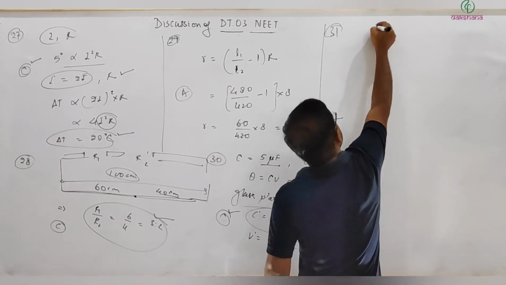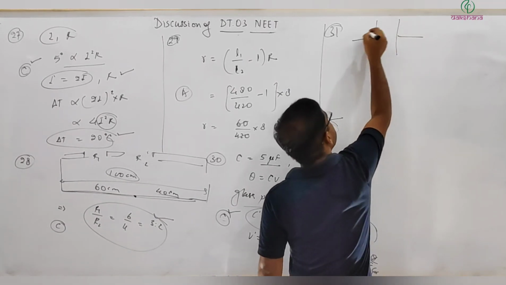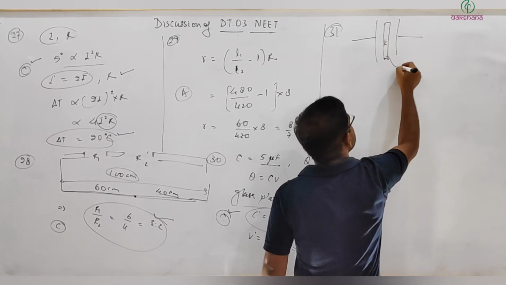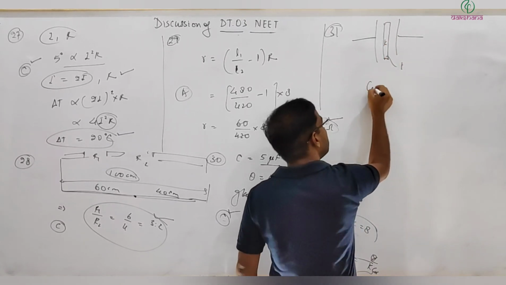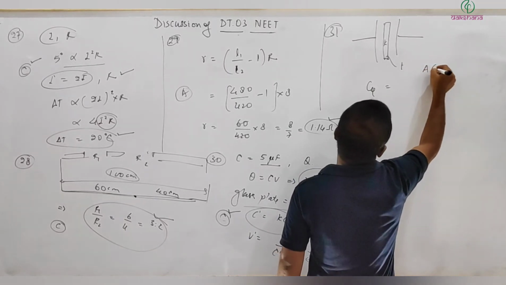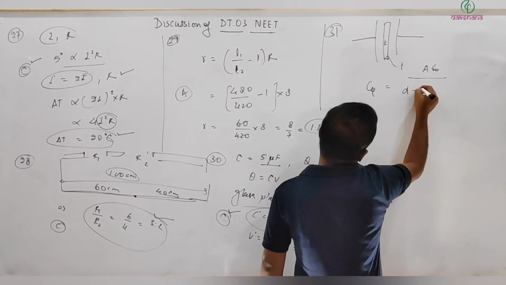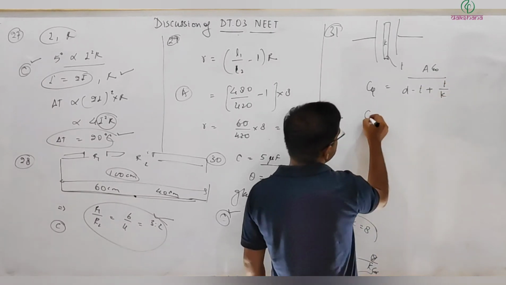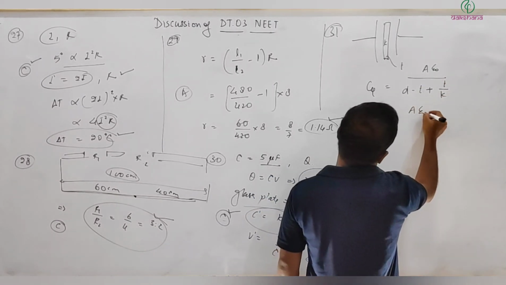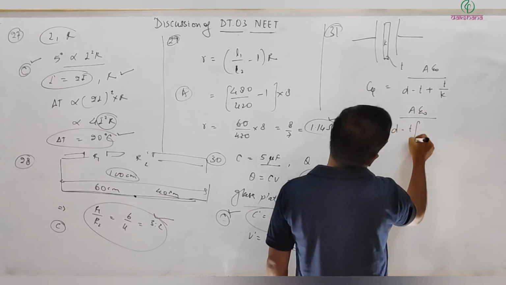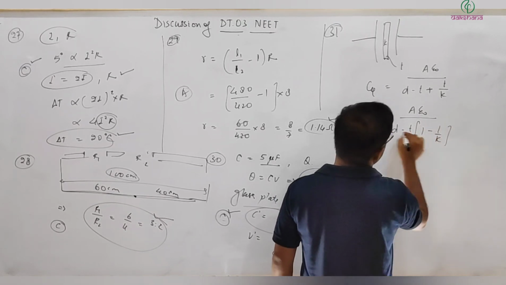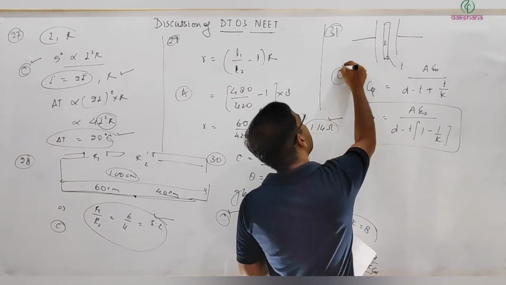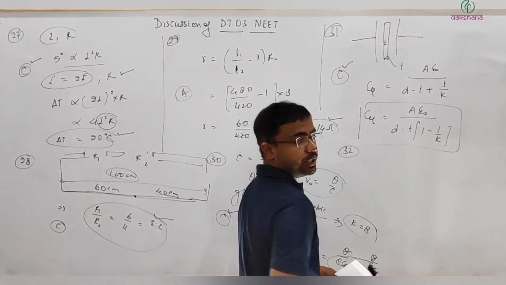So when a dielectric is inserted between the plates of the capacitor, with constant K and thickness T, then C equivalent is given by A epsilon naught divided by D minus T plus T by K. Simplifying it, C equivalent is A epsilon naught by D, times 1 over 1 minus T over D times 1 minus 1 by K, and this matches with option C.